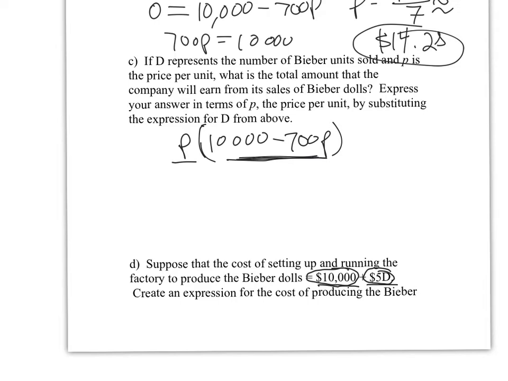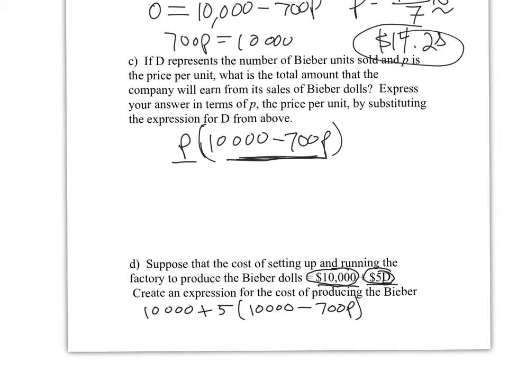So the cost of producing these dolls is 10,000 plus $5 times D, the number of units that we sell. We already know that D is equal to 10,000 minus 700 times p.